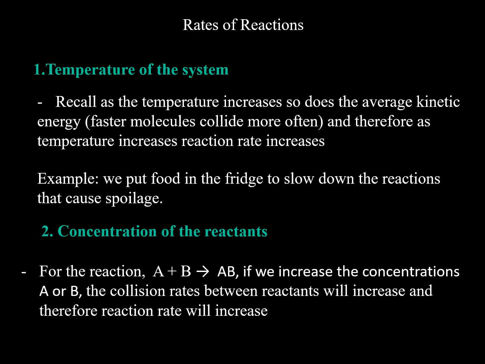An example here is if we put food in the fridge, we do this so we can slow down the reaction, because the molecules won't move as fast, they probably won't have the correct activation energy, and because there are fewer collisions, there's a lower probability of finding the correct fit.